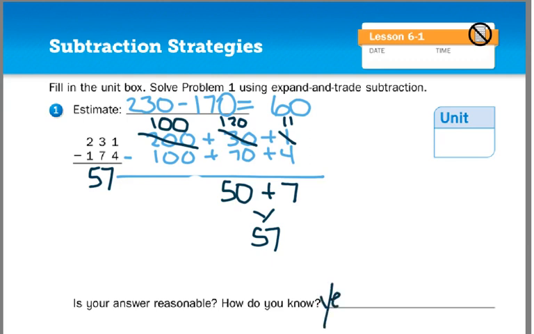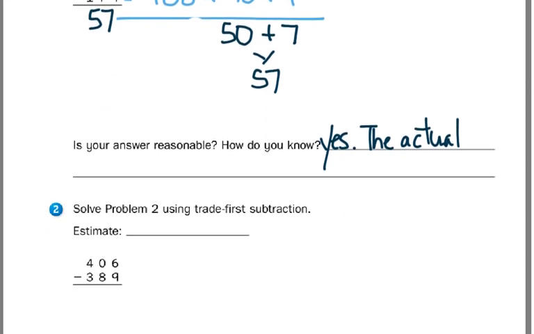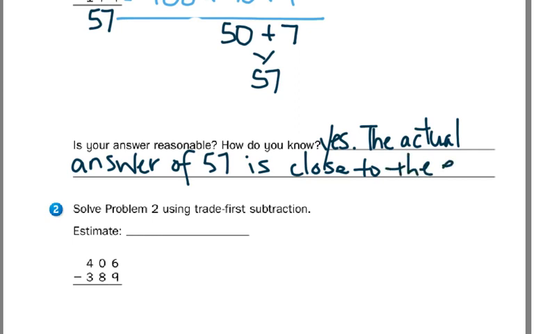Yes, it is, because the actual answer, 57, is close to the estimate of 60. We're only 3 away.